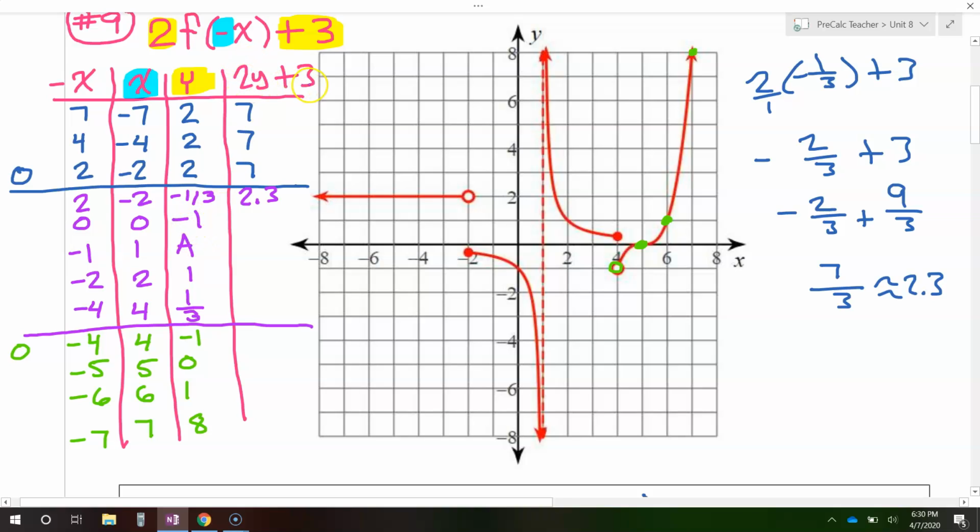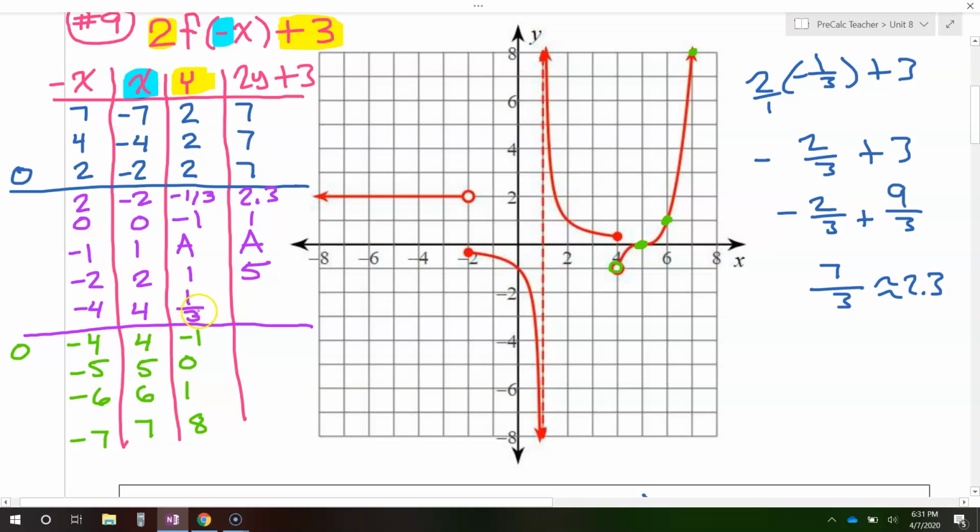Negative 2 plus 3 is 1. All right, we have an asymptote here, so let me think. Yeah, so there's still going to be an asymptote here. Okay, now 1. 2 times 1 is 2, plus 3 is 5. So that is going to be 5.